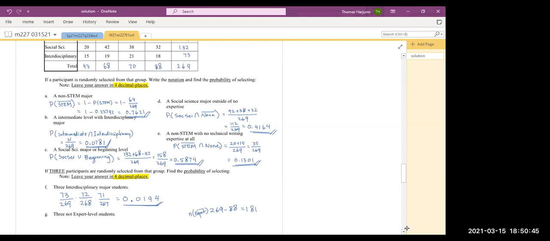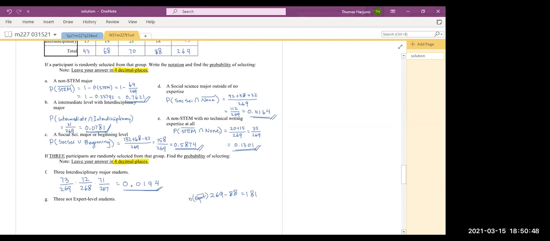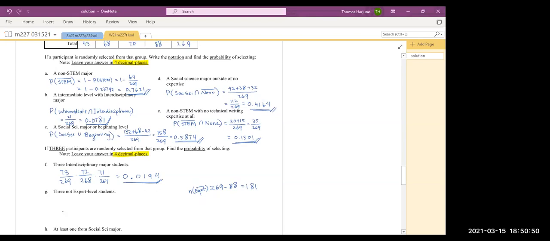Okay, so what is the probability that all 3 of them are not expert? It's 181 over 269. That's the probability the first one is not expert. The probability the second one is not expert is 180 over 268.